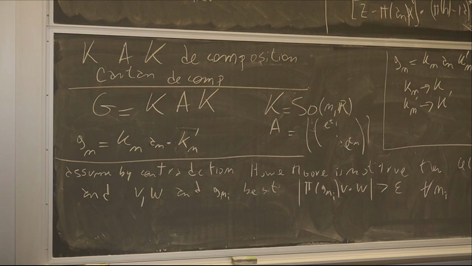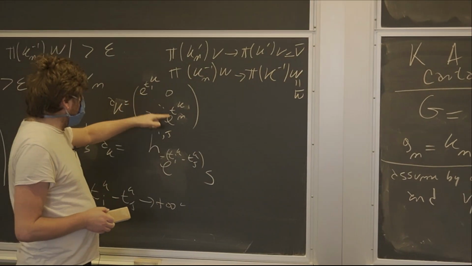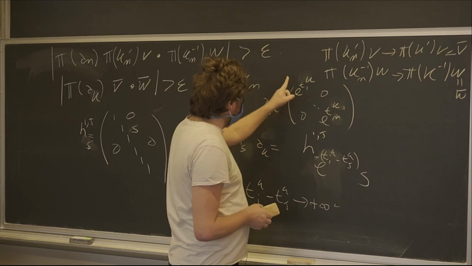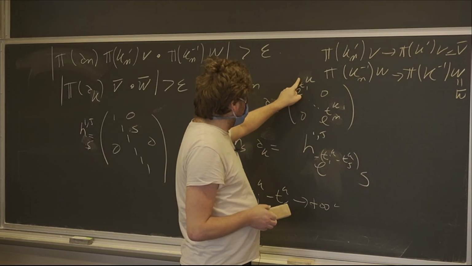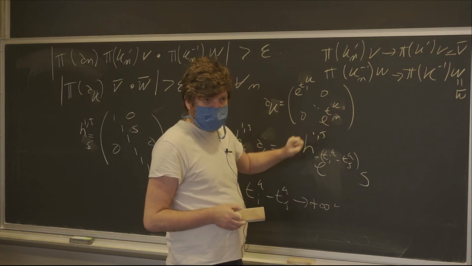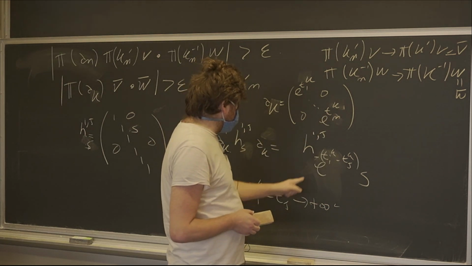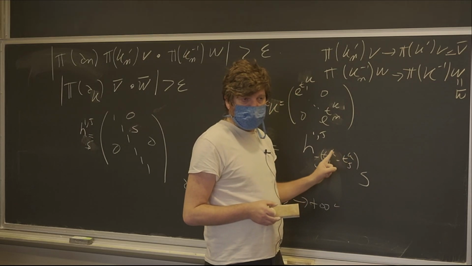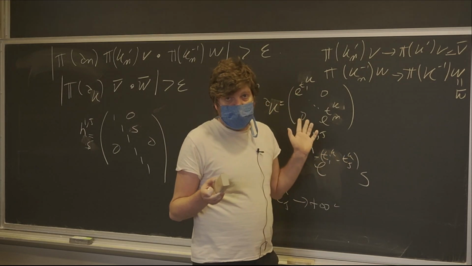Which means that at least one of the entries has to go to infinity. And since the determinant is 1, so the sum of the t_i is 0, it means that at least one of these differences has to go to plus or minus infinity.